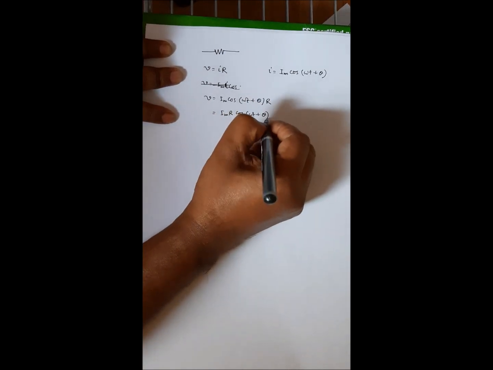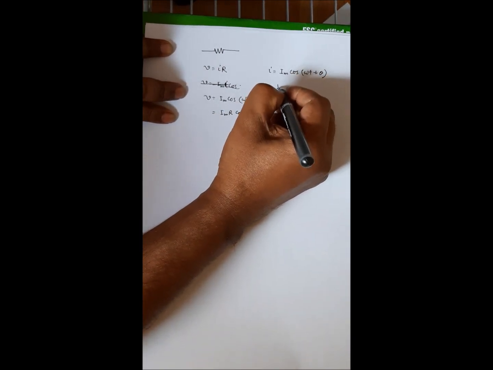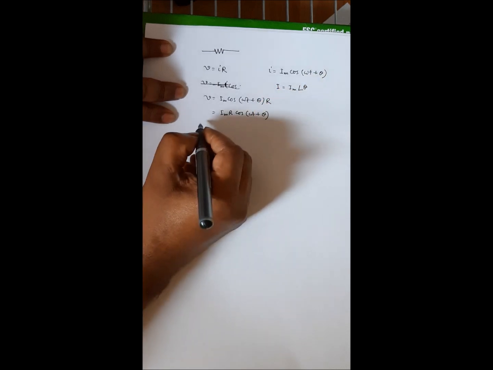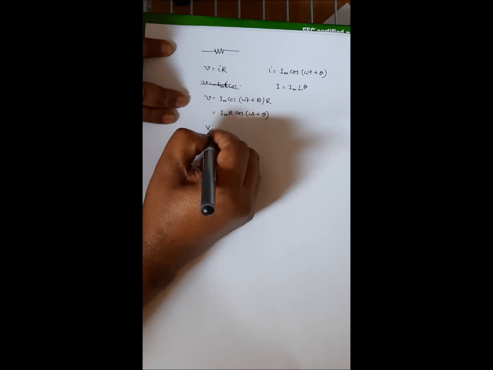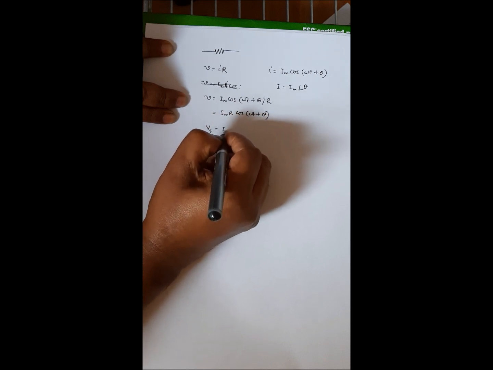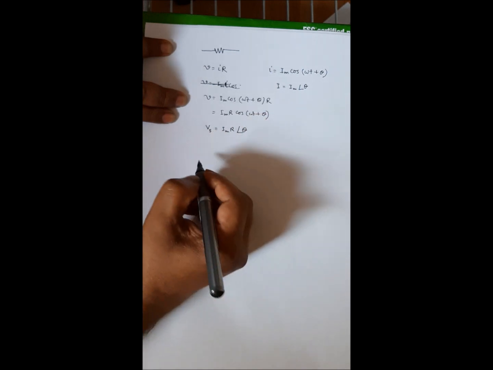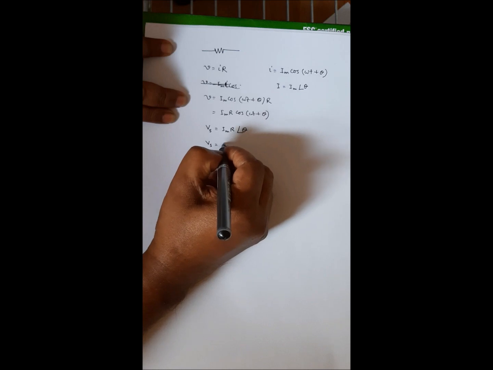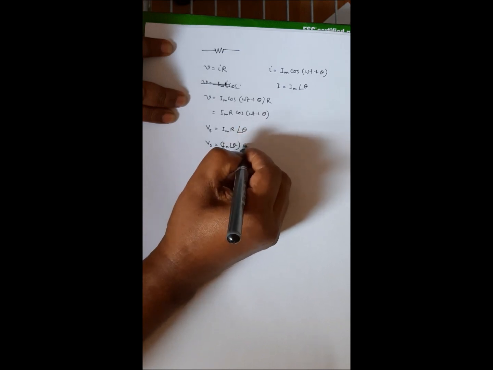Now if I convert the frequency domain expression for I, it will be Im angle theta, and if I convert the frequency domain voltage expression, then it will be Im times R angle theta. So you see Vs is basically Im angle theta times R.